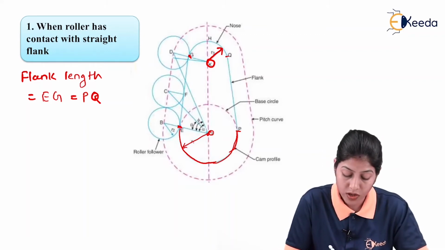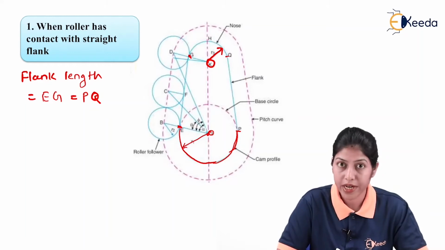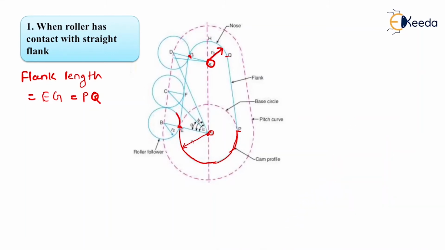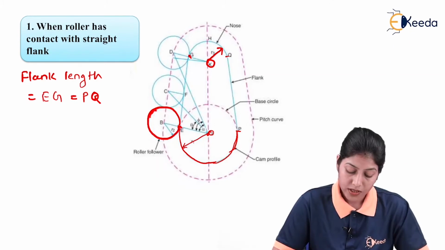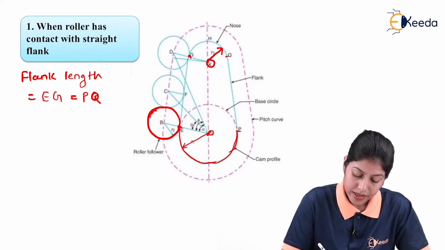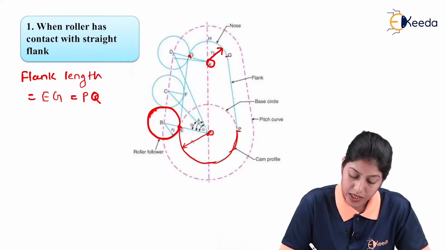So it is a roller follower, so it should have some radius. So if this is the roller, in that case, when the center of the base circle is O, this is the position of the follower, and point of contact for this follower and this cam we are considering point E.